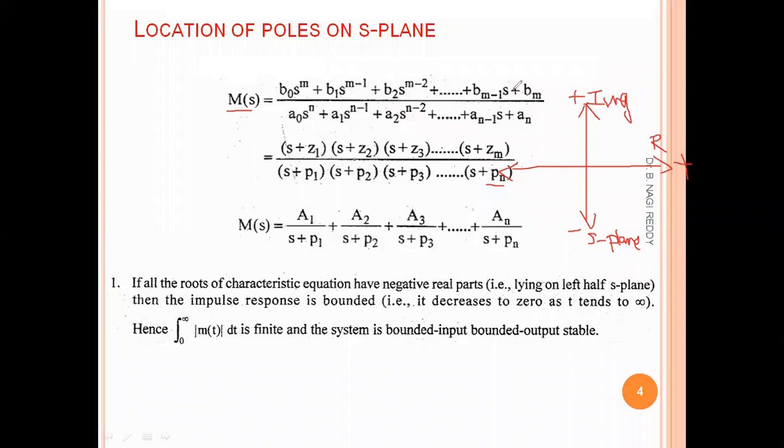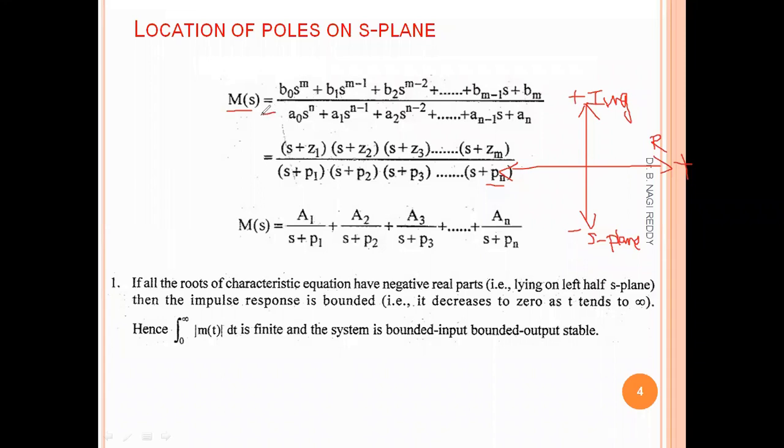This is the numerator polynomial and this one is the denominator polynomial. In terms of S powers, the maximum S power in the denominator is S^n, and in the numerator it is S^m. So two different polynomial equations will be there in the numerator and in the denominator.